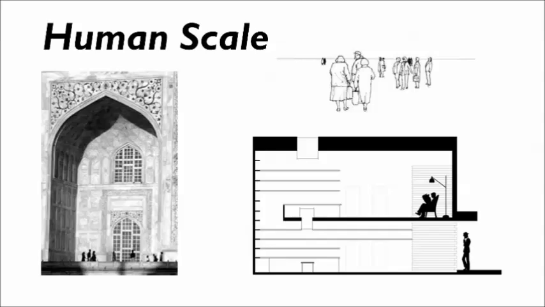Some other things that can affect the human scale of an area are the color of its surfaces, the patterning or texture of its surfaces, and the shape of the openings within the surfaces.